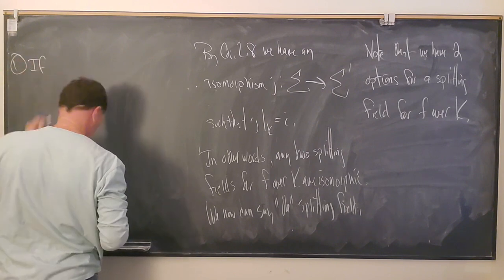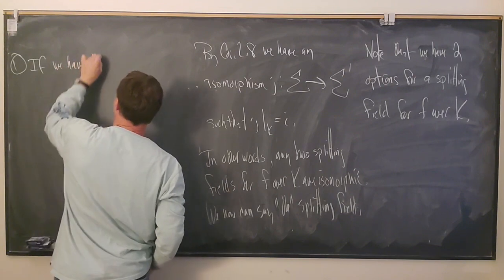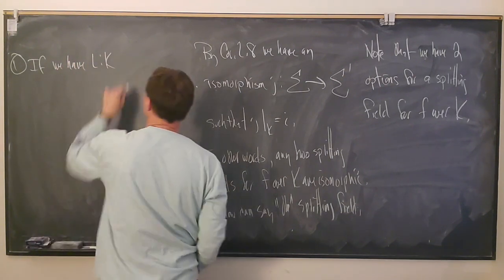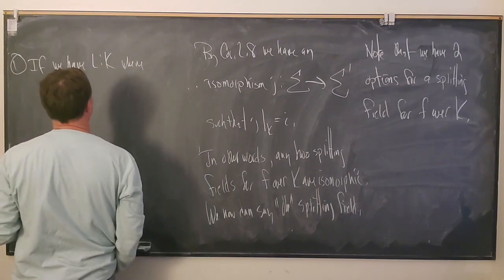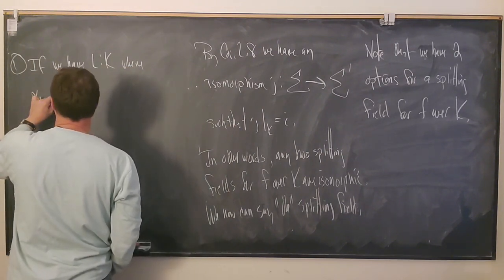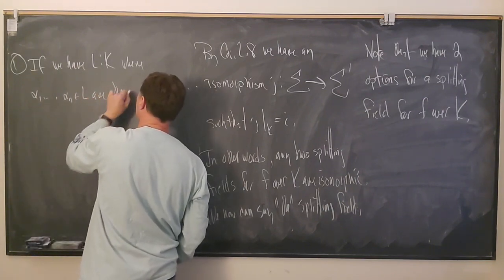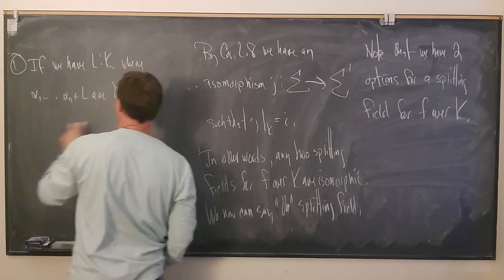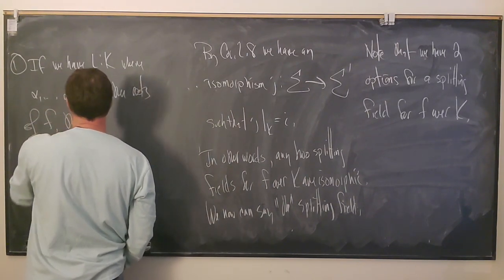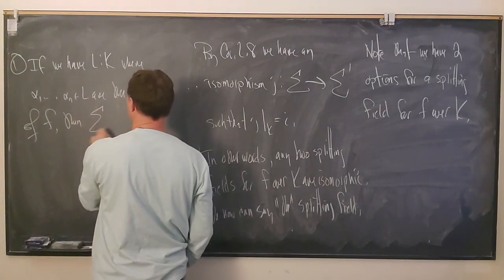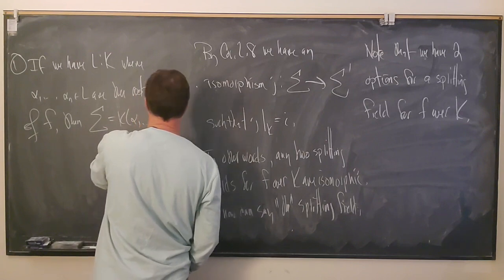If we have an extension L over K, where alpha 1 up through alpha n in L are the roots of f, then we know that the splitting field, say sigma, equals K adjoin alpha 1 up through alpha n.